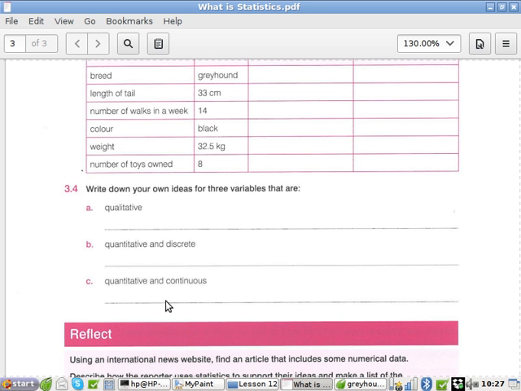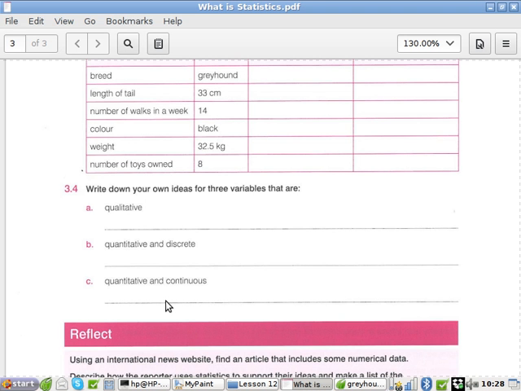Make of phone. Nokia, iPhone, Samsung, good, yeah. Polish one. Qualitative? Discrete. No, qualitative. Favorite team. Favorite teams, good. And Nader? Kind of animal. Good. Okay.